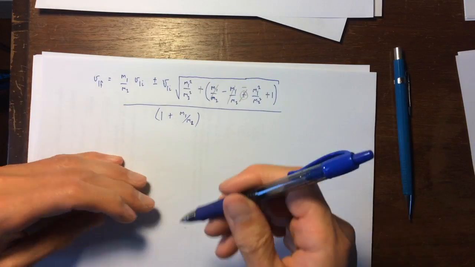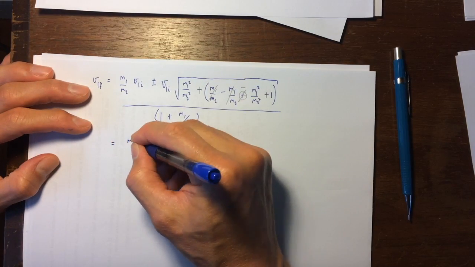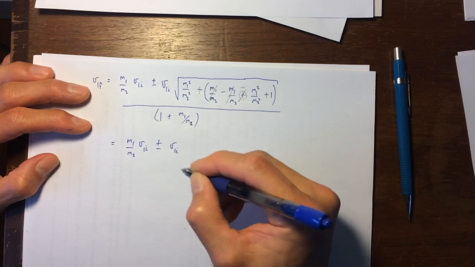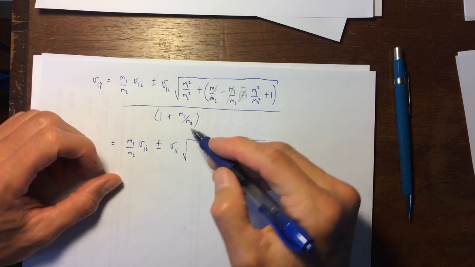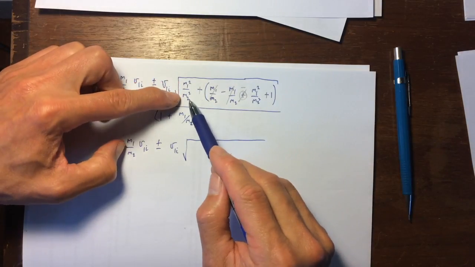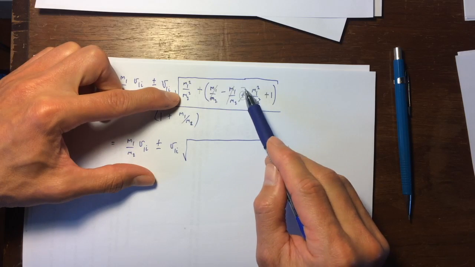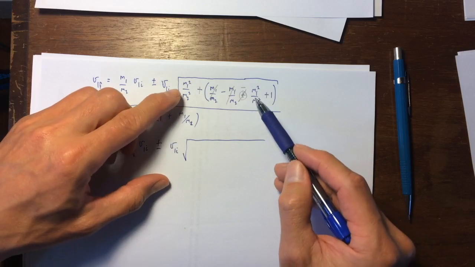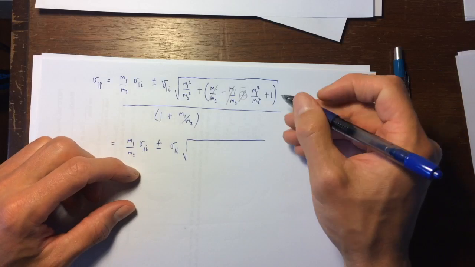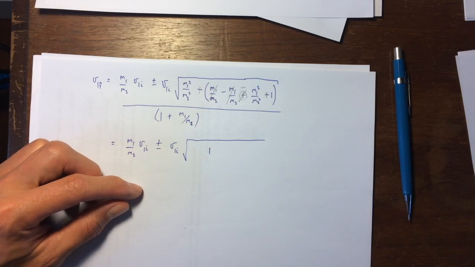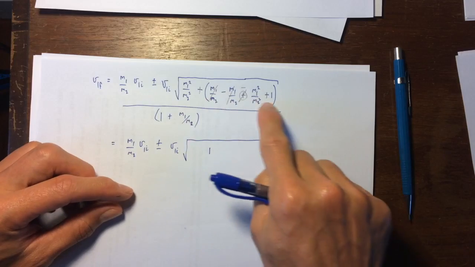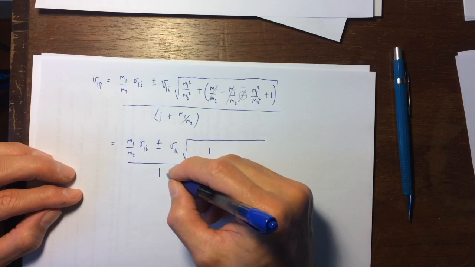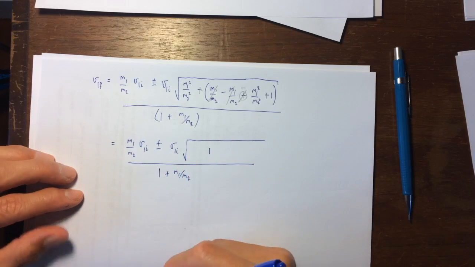So this equals m1 over m2 v1 initial plus or minus v1 initial times the square root of m1 squared over m2 squared minus, so plus a minus m1 squared over m2 squared. They cancel, right? And all that's left over is a 1. Isn't that cool? So all this crap turned into a 1. And then you divide by 1 plus m1 over m2.